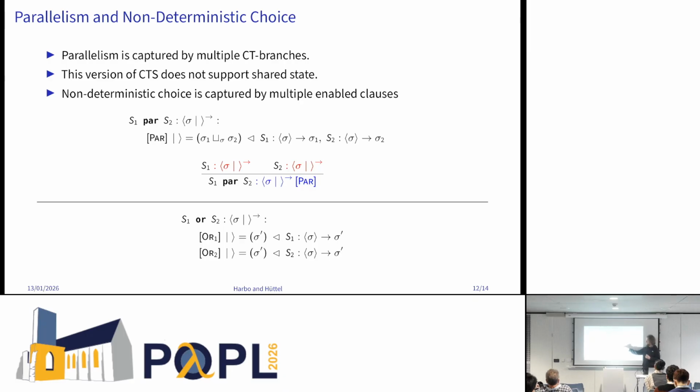Each branch in this tree has its own valid rule, so we could either evaluate S1 or S2 one step, and the steps could interleave arbitrarily. Next, non-deterministic choice can be described by simply having multiple enabled clauses. If we start out with the empty secondary component, then OR1 and OR2 would both be enabled, and we could get the result of evaluating S1 or S2, but not both.